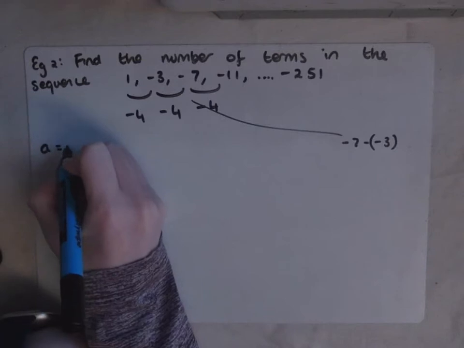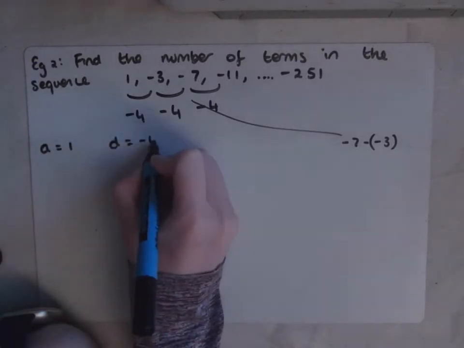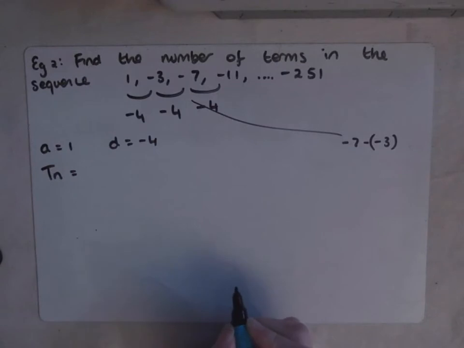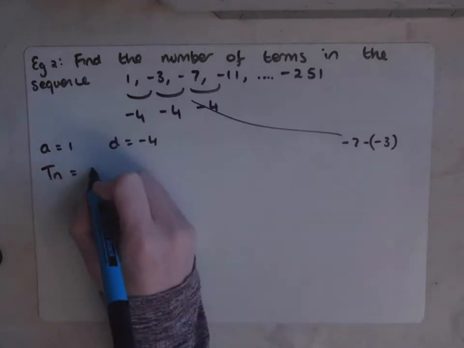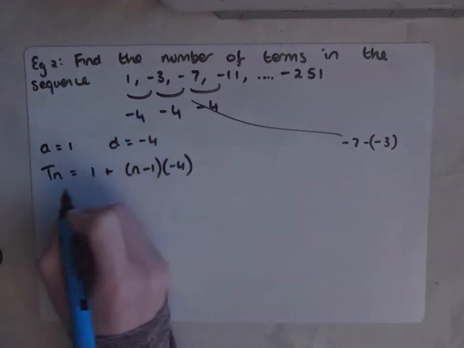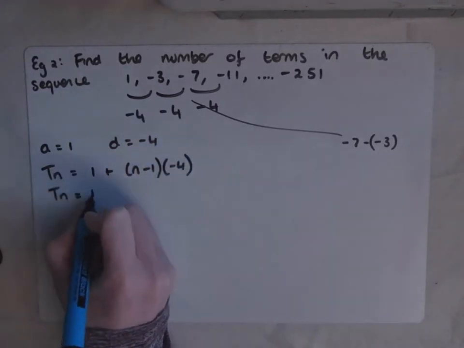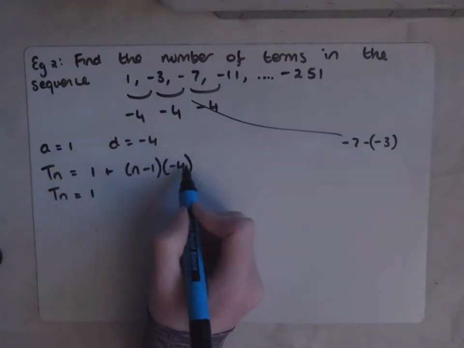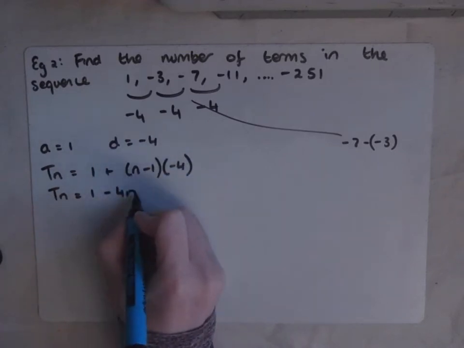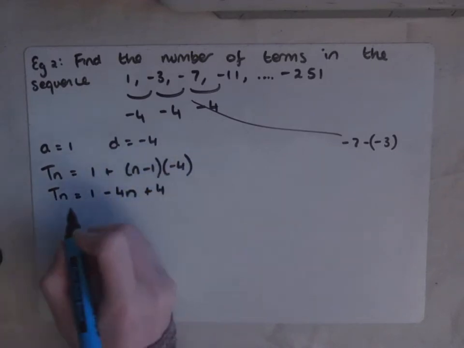So A is my first term, D is my common difference, and then throw it into your Tn formula: A plus (n minus 1) times D. Just multiply out -4 by n, and -4 by -1. Minus by minus is plus.